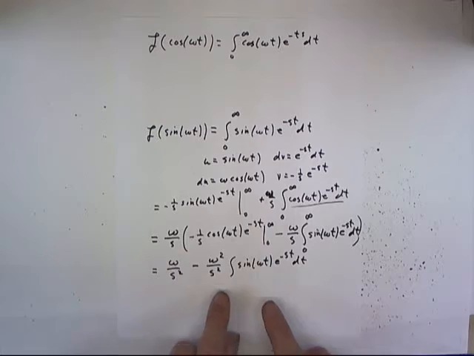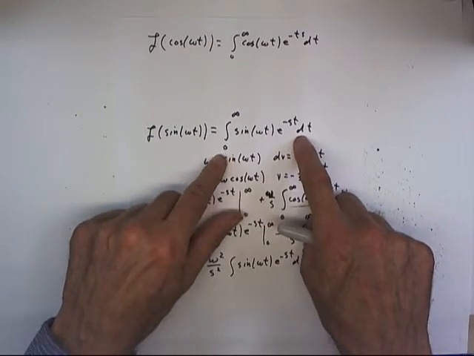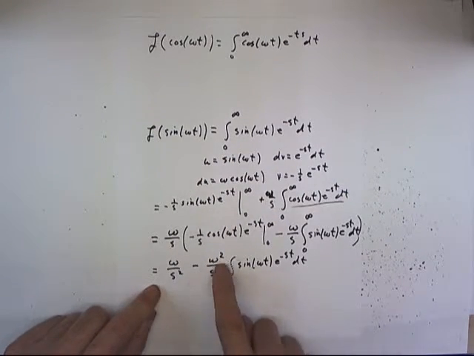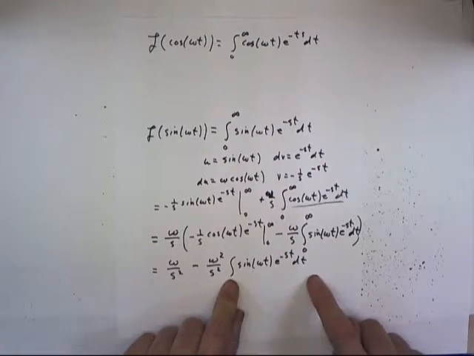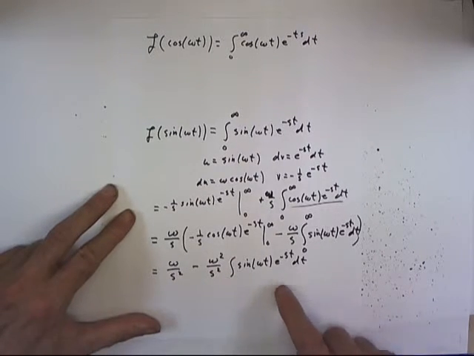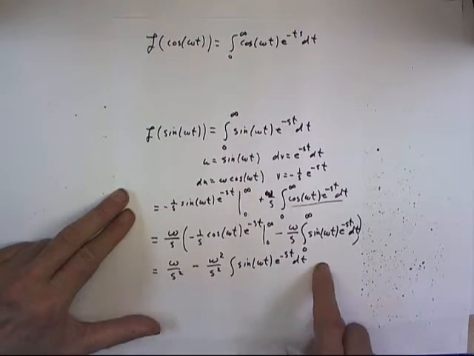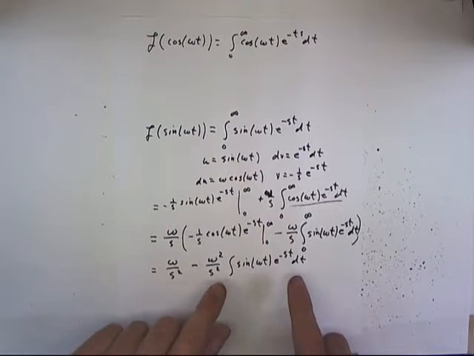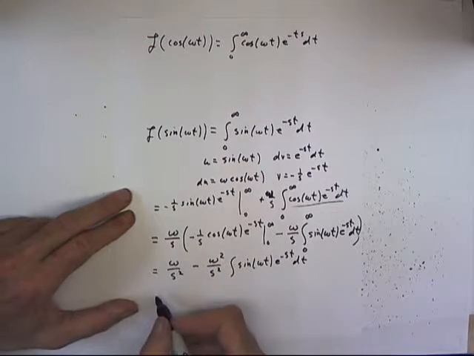Okay, so this tells us then that this integral is equal to this minus omega squared over s squared times the same integral. So if I just take this step and put them together, add this term to both sides, what do I get?